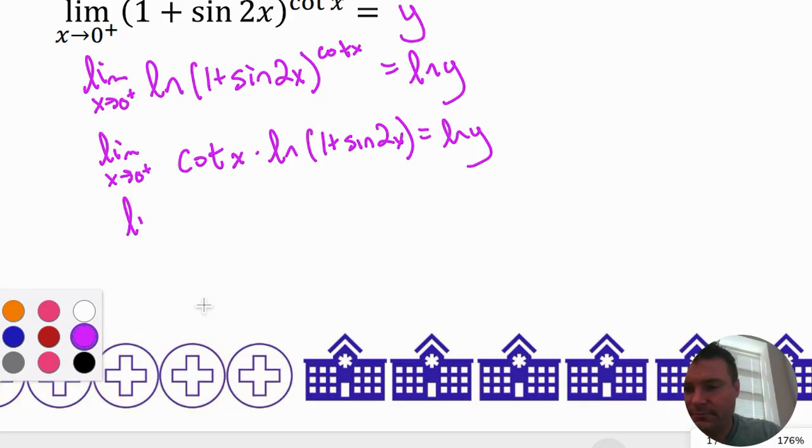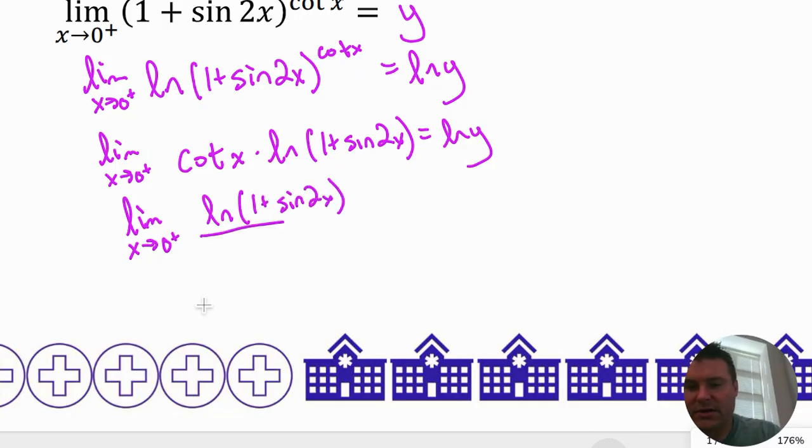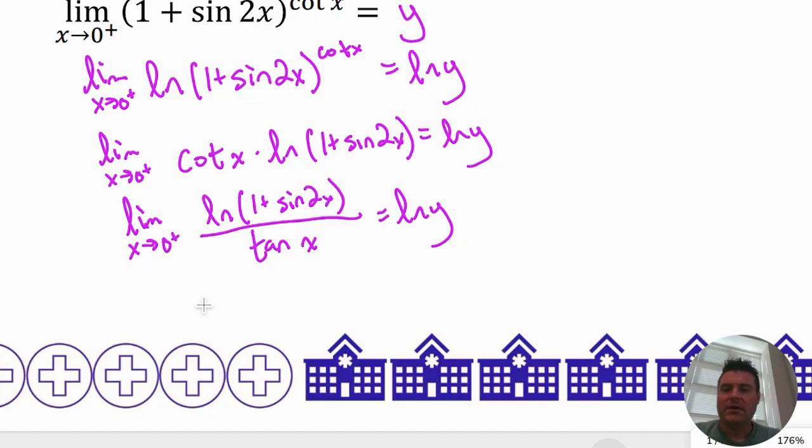So I'm going to make that cotangent into a tangent by finding its reciprocal. I'll have ln of 1 plus sine 2x in the numerator, and tangent of x in the denominator. Ooh, this looks like a fun one.